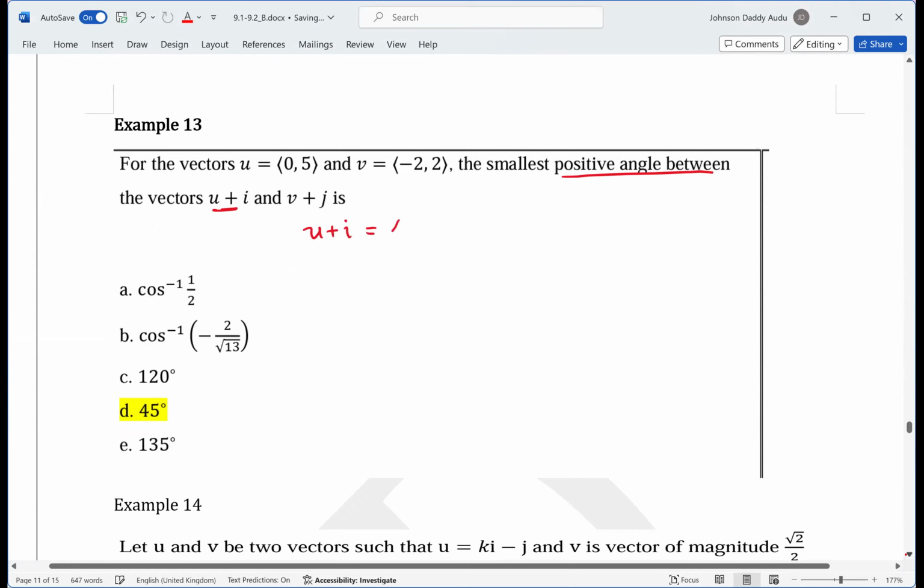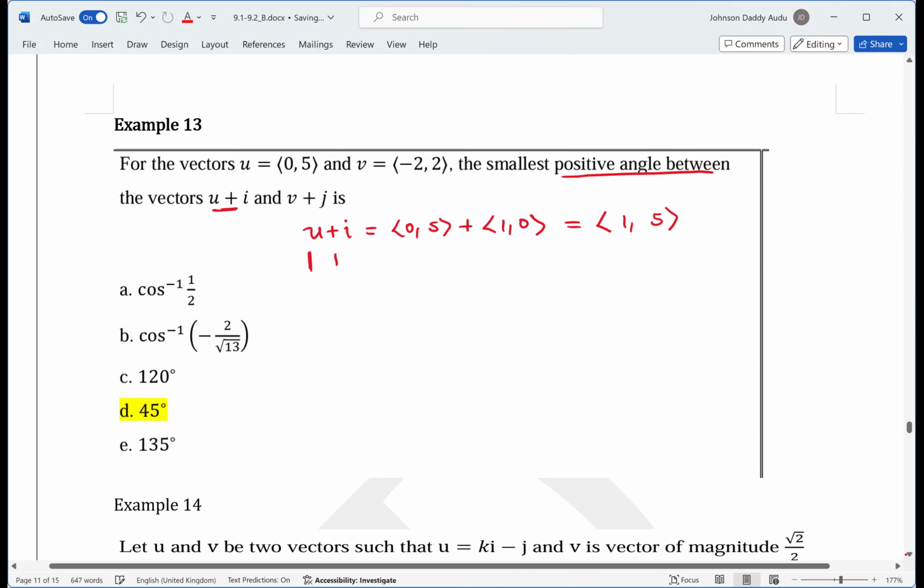U is just 0, 5 plus i. Remember, i is 1, 0. So it means that u plus i is just going to be 1 and what? 1 and 5. Right?